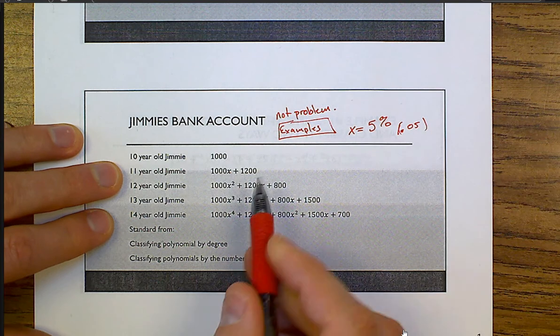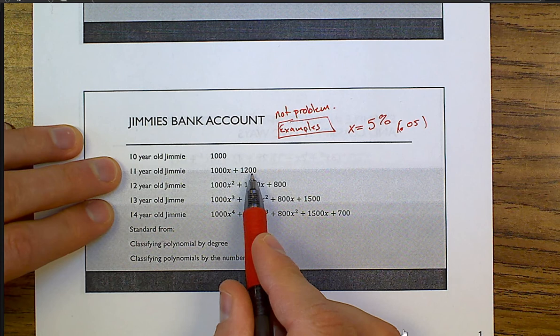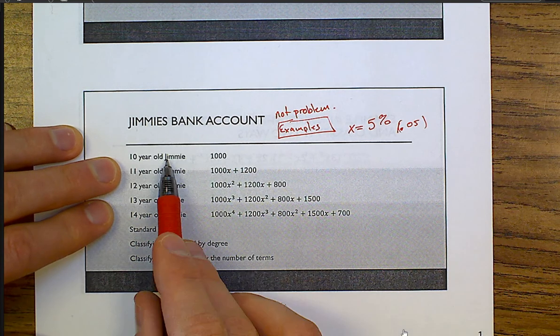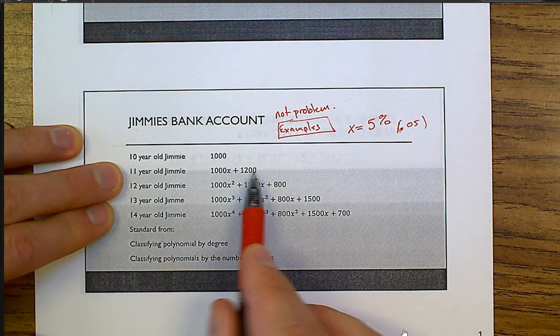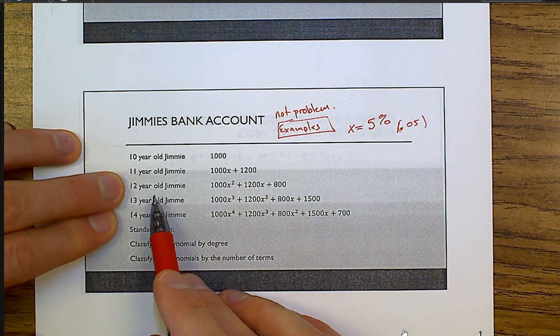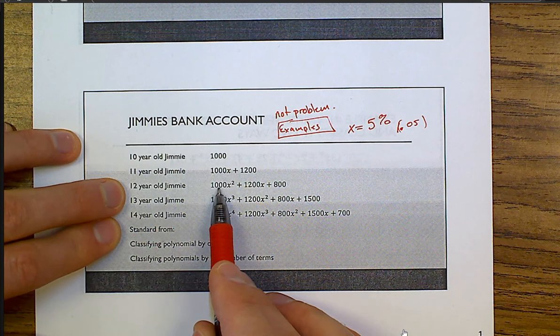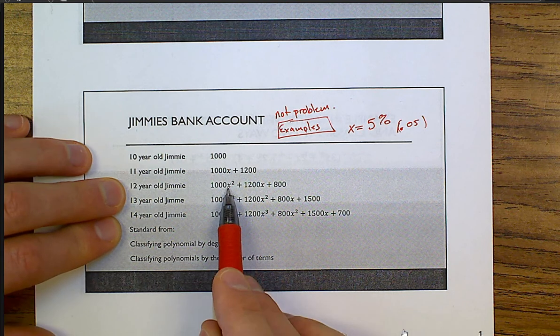And then this 1,200 represents another installment of money his parents gave him. Okay, so it's just random. When he was 10 years old, they gave him $1,000. When he was 11 years old, they gave him $1,200 on top of the 1,000 that's already in the bank earning X amount of interest. When he's 12 years old, that $1,000 that he received when he was 10 has now been in the bank for 2 years.